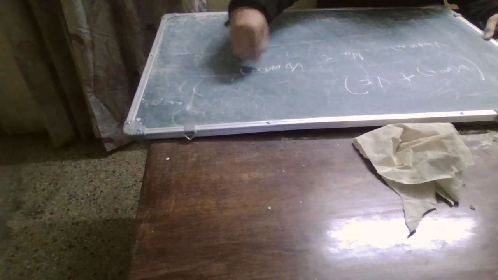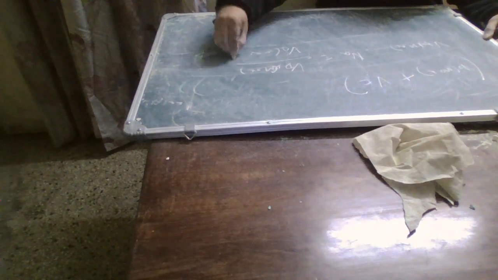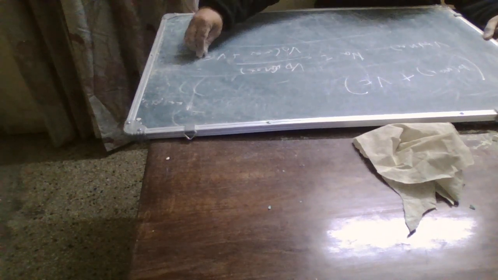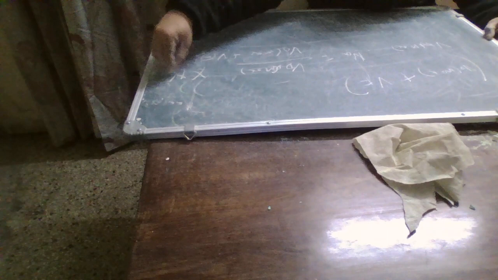So we can say the maximum auxiliary winding turns would be VDD, that is at the maximum, by output maximum plus forward voltage, into the secondary turns.